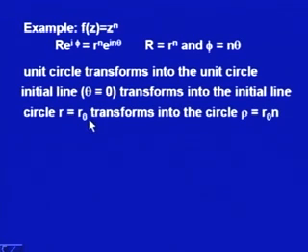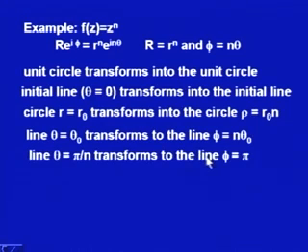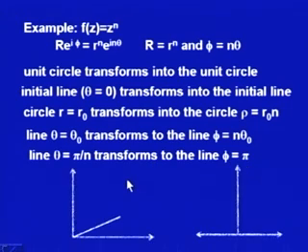The circle r = r0 transforms into the circle R = r0^n, and the line θ = θ0 transforms to the line φ = nθ0. That means the angle will be rotated and it will be n times the original angle θ0. The line θ = π/n in particular will transform to the line φ = π. So if this is the line with angle θ = π/n, then this line will map to this line with angle φ = π.